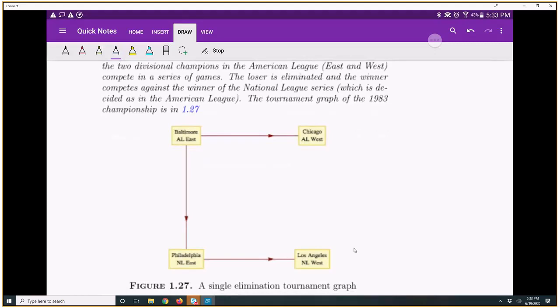So this is a single elimination tournament, and we know that one team should be the champion. From looking at this graph, the only vertex that has no edges terminating there is Baltimore. So we would conclude that Baltimore must be the champion.